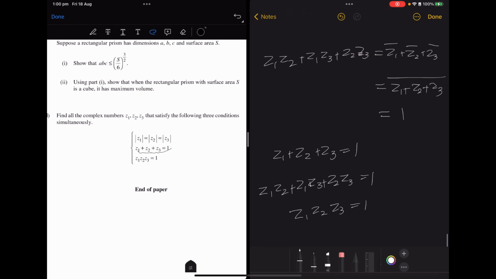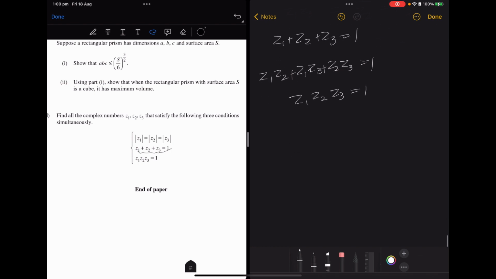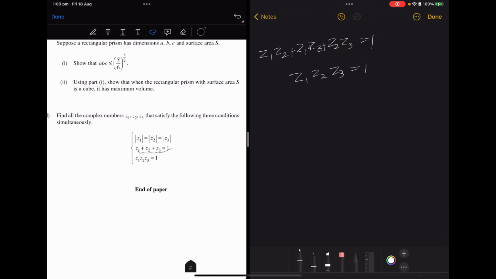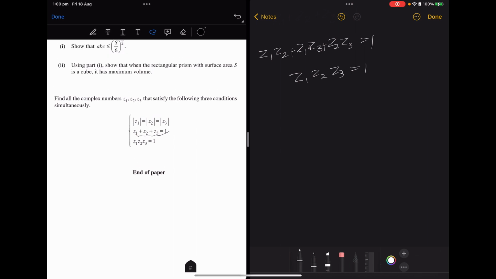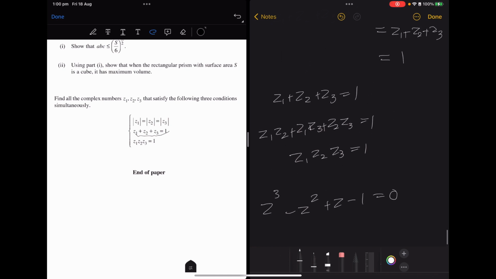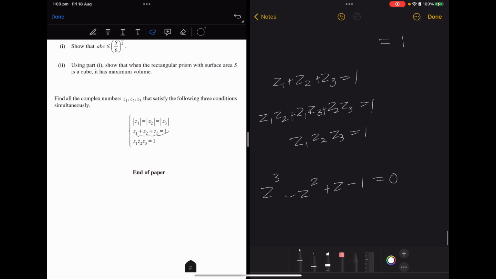So if you remember, these three numbers should be the solutions of the polynomial equation z cubed minus z squared plus z minus 1 equals 0. So using the sum and product of roots, we can reverse engineer the polynomial equation from it.